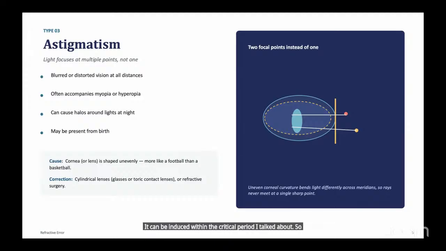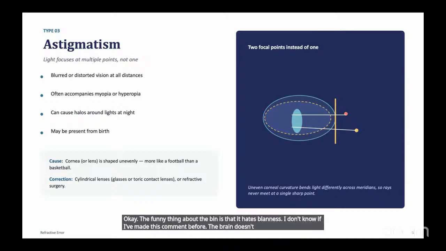Let's say you have a child from the ages of 0 to 12, and mistakenly you prevent light or prevent one eye from actually seeing very clearly. Okay. The funny thing about the brain is that it hates blurriness. I don't know if I've made this comment before. The brain doesn't like images that are blur. So it will favor the one that gives it much clearer images over the one that will give it blur images.